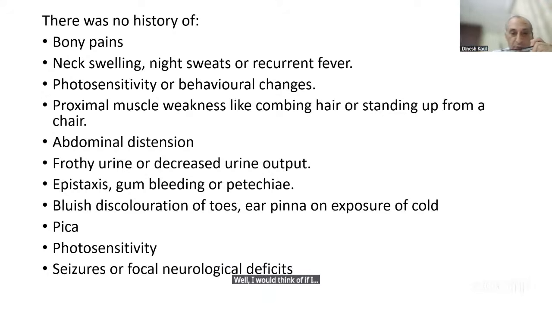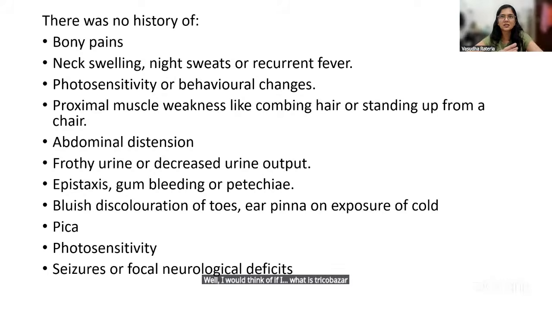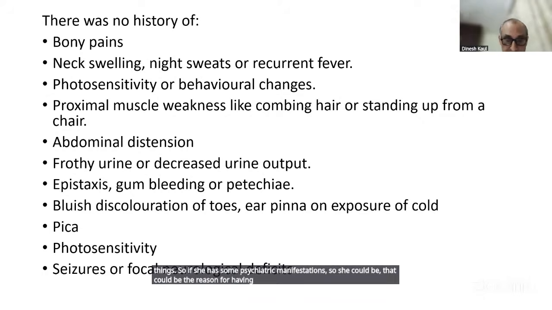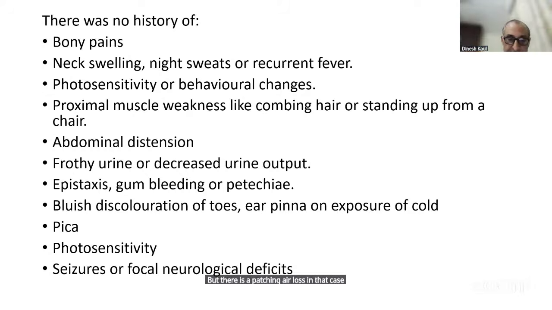What is trichobezoar? It is a condition where the patient eats hair. So there's a psychiatric condition. They will take inedible things. So if she has some psychiatric manifestations, that could be the reason for having pica also. But there is a patchy hair loss in that case. But here the hair loss was diffuse.